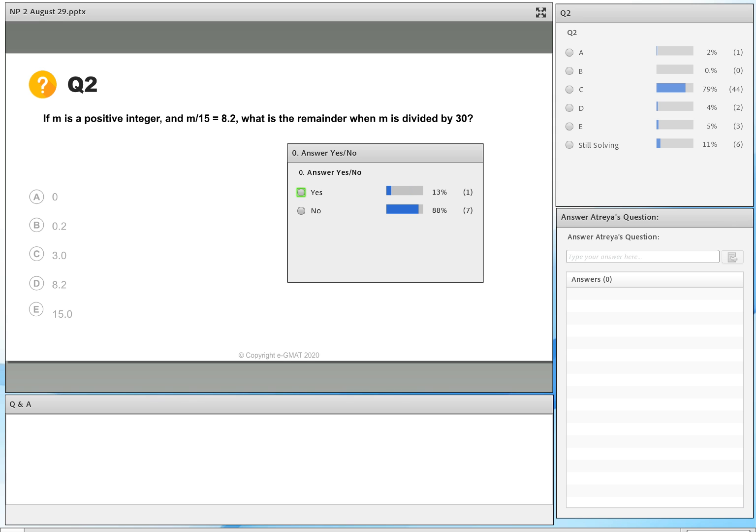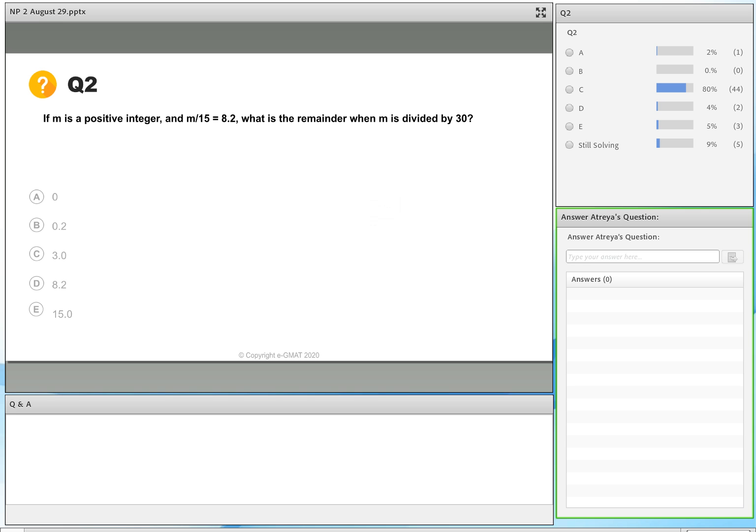That means, did the calculation m is equal to 15 times 8.2 and then solved out the question. 90% of you tell me that you did not do the calculations, I'm very, very happy. Cool, that is really very, very good. I'm going to end the poll. Thank you for all of your responses. And let me clear the answers of the poll so that I can use it again for the next question.